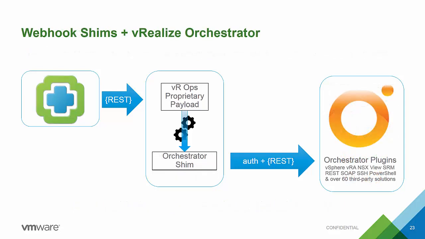Now, in most cases, I personally would recommend, especially if you're running vRealize Automation and already using Orchestrator for extensibility, using the shim that allows communication between vROps and Orchestrator. Once you're in Orchestrator, you already have a set of plugins and workflows designed to work with third-party systems, and you can do multiple things at once.